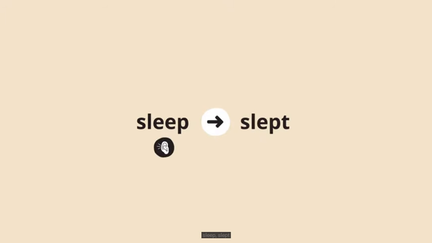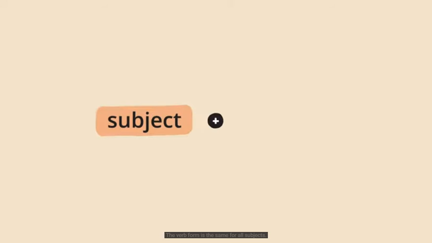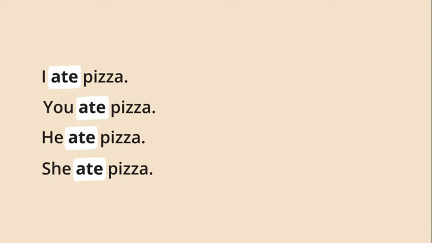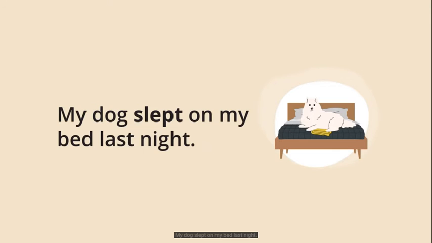The verb form is the same for all subjects. For example, the simple past form of the verb eat is ate. You went to Paris 2 years ago. My dog slept on my bed last night. We drank coffee yesterday morning.